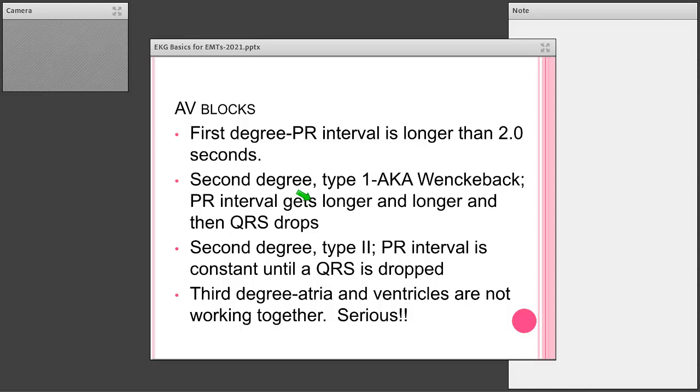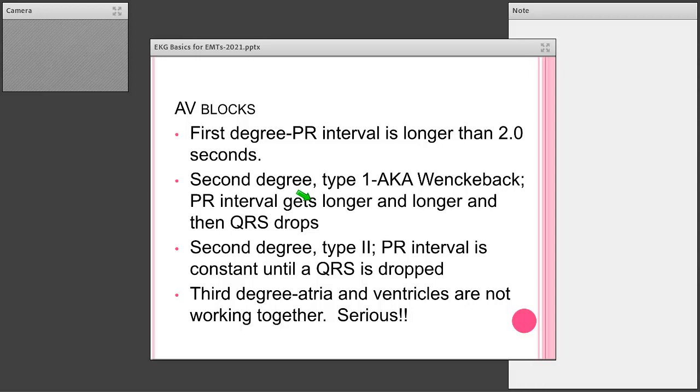In that situation, the patient may say, it feels like every once in a while my heart skips a beat. Essentially it does, because the QRS complex is where they feel the beat, the ventricles contracting, and this is where you feel a pulse. So if you're feeling their pulse, you will miss a beat every once in a while.